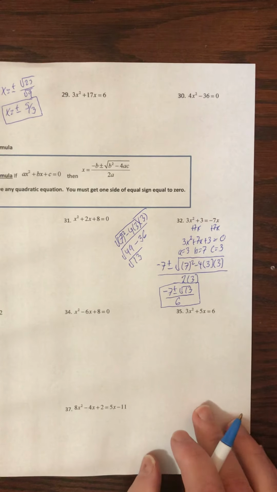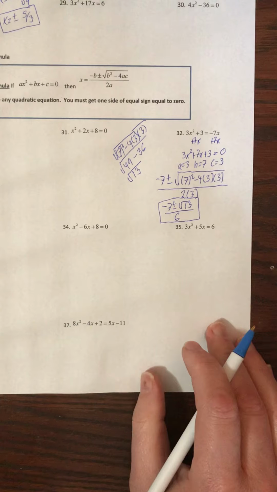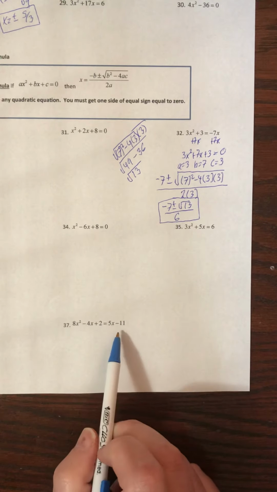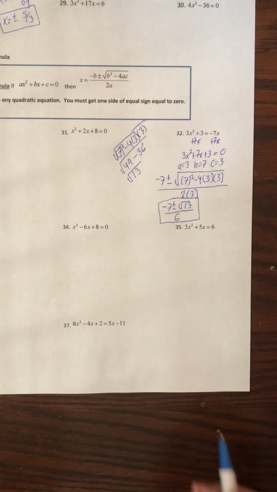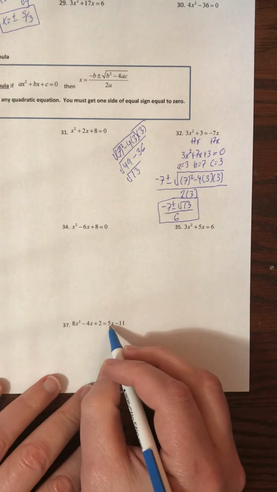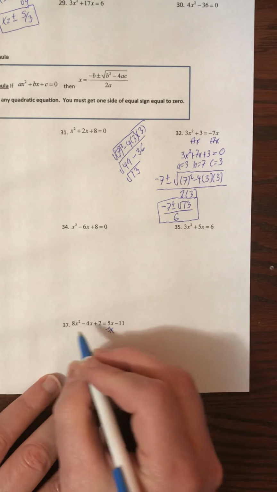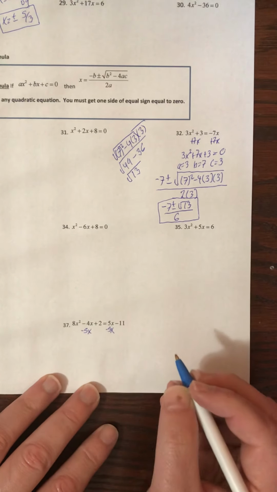Let's take a look at something like number 37. That's going to be the most complicated one. Remember, we want one side equal to 0. I usually like to make the right side equal to 0, so let's get rid of everything on the right-hand side and move it to the left-hand side. So I've got 5x over here, so I need to subtract 5x. Well, I have negative 4x over here, so I'm going to subtract 5 more x over here.